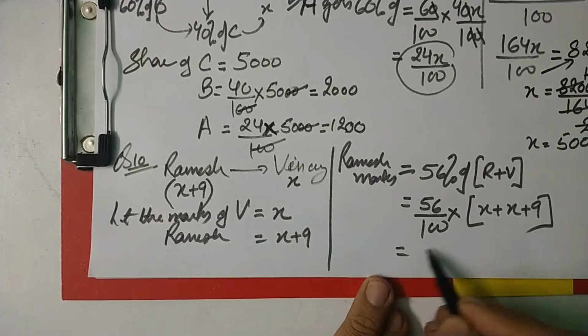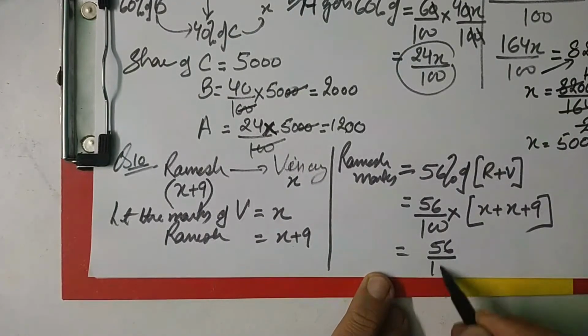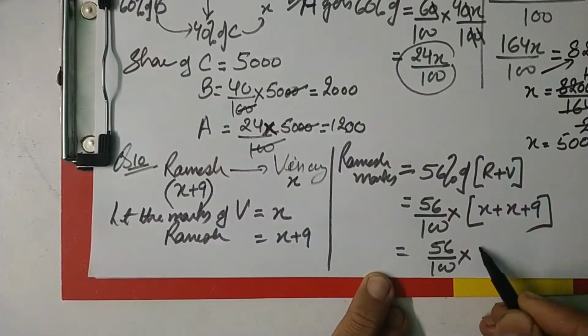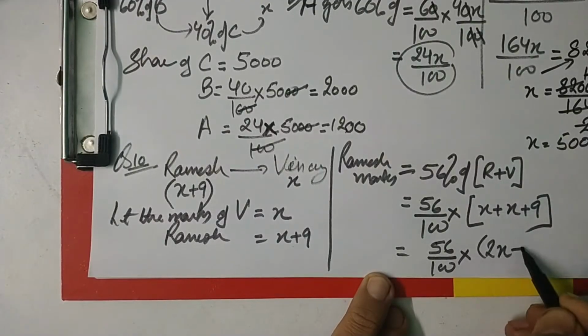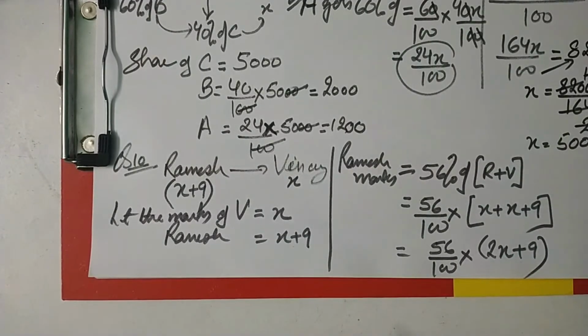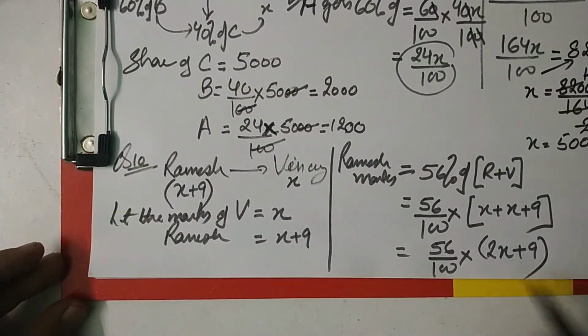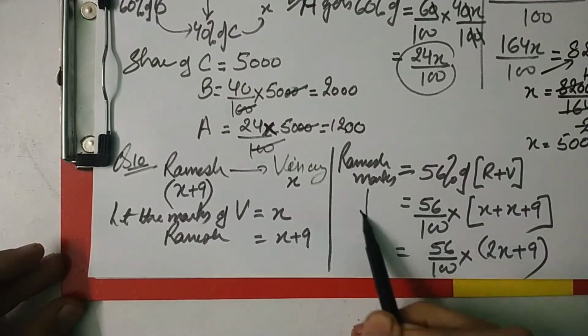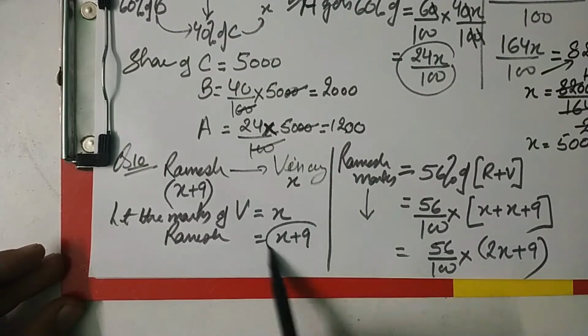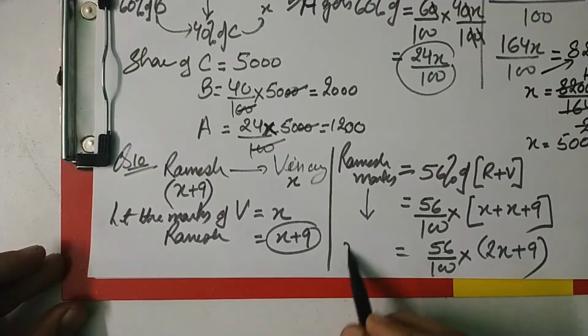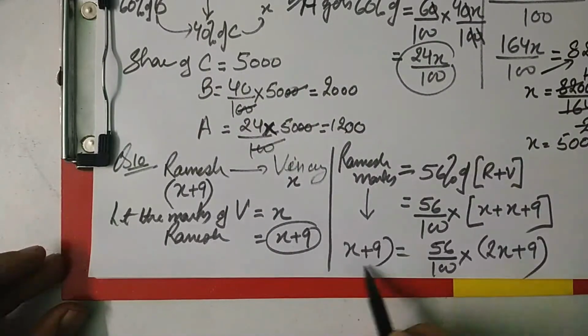So which will become 56 upon 100 into, so if you compare in linear equation, we always compare. So if you compare, his marks are already given. So x plus 9 will come here.